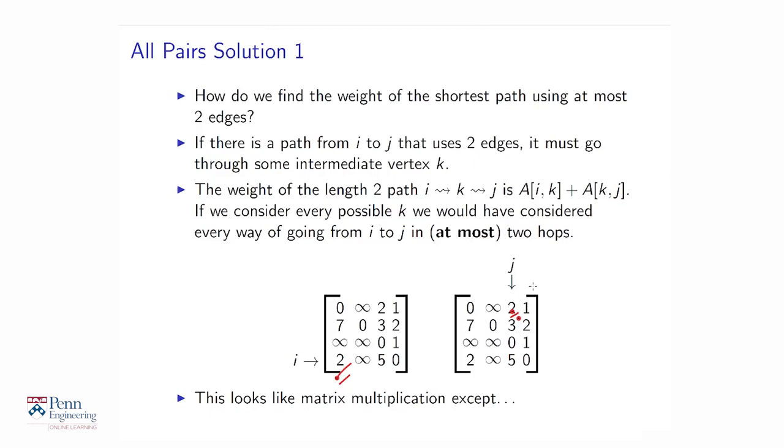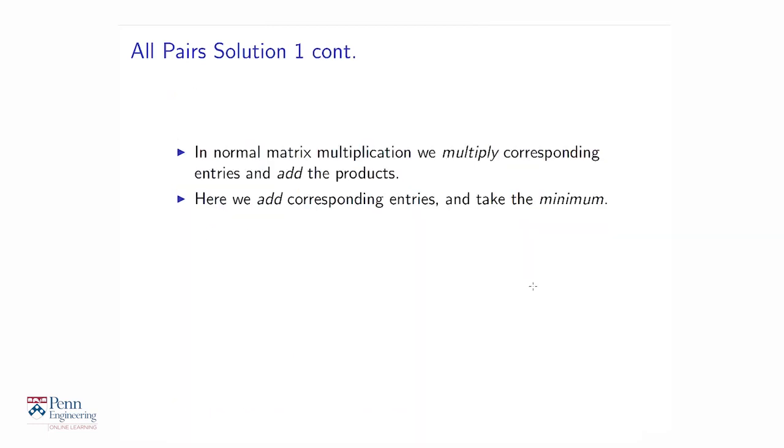So this whole process of computing the lowest weight length 2 path from i to j looks like matrix multiplication. We're taking the matrix that we defined, A, and multiplying it by itself, but it's not multiplication, because normally when we do matrix multiplication, how does it work? We take a row of the first matrix and a column of the second matrix.